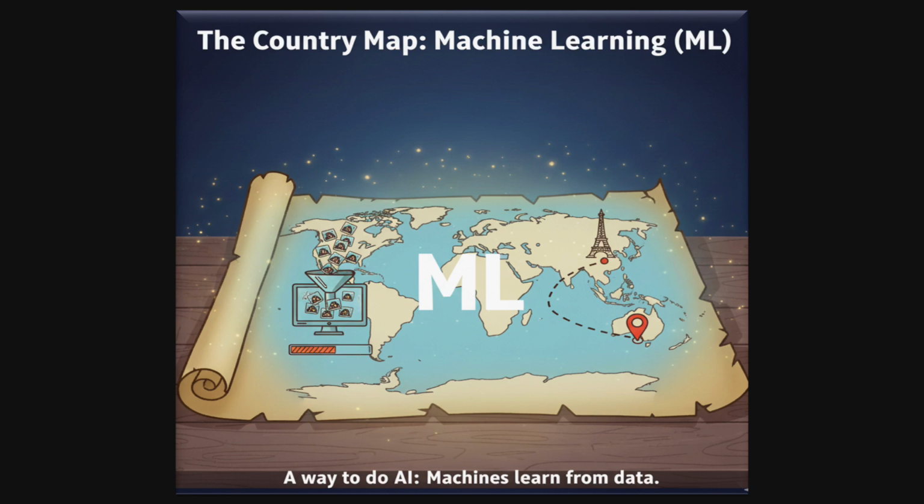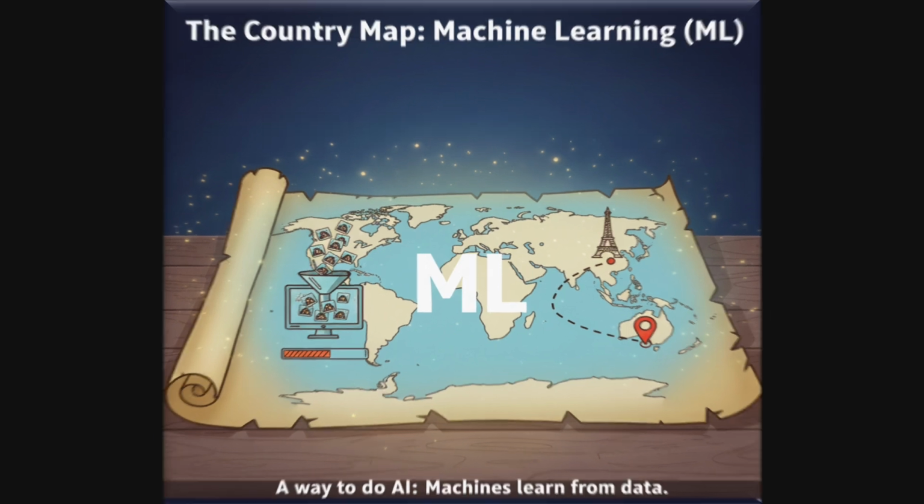We show it a ton of pictures of the destination and let it learn the routes for itself. This is how a spam filter learns what junk mail looks like. By seeing millions of examples, machine learning is about learning from data to navigate the world.